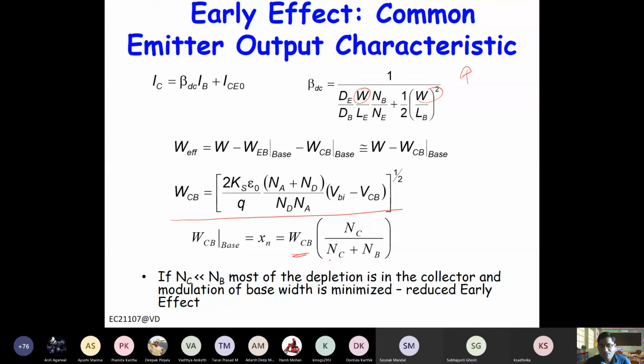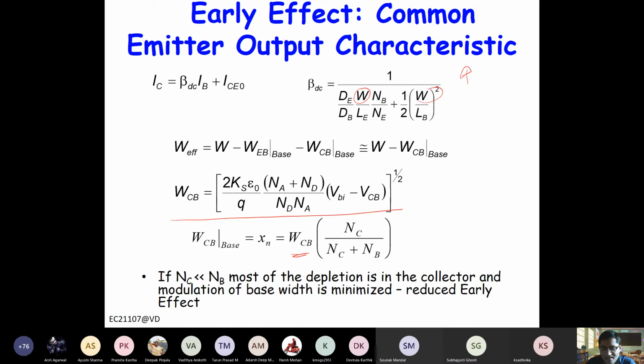Of course, you can reduce this depletion width on the base side by increasing its doping. So if the base doping is higher, the early effect, the effect of this early voltage, will be reduced.